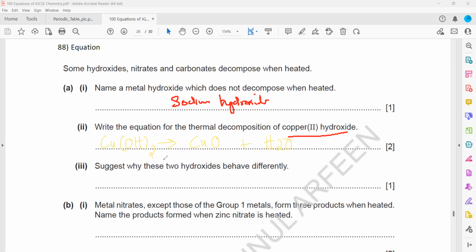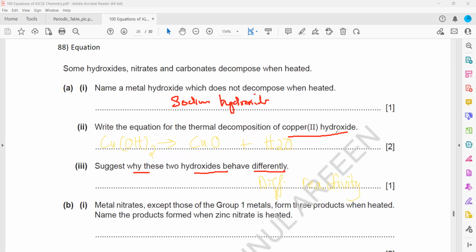This equation is already balanced. Suggest why these two hydroxides behave differently, like why sodium hydroxide does not decompose. Yes, there's a difference in reactivity. They do not have the same reactivity, that's why they behave differently.